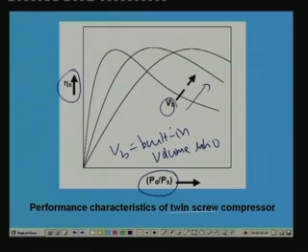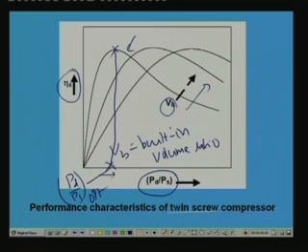For a given built-in volume ratio, for example, let us take this one, the compression efficiency increases as the pressure ratio increases and it reaches a peak. That means, for this particular compressor, efficiency is maximum at an optimum compression ratio. This is your PD by PS optimum. So, if you design your compressor in such a way that at design point the compressor operates at this point, then you get the maximum efficiency.